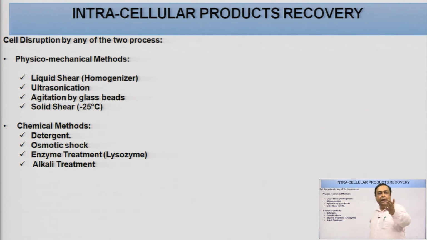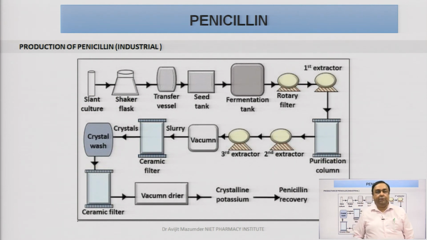We can take the help of ultrasonication. We can take the help of breaking with glass beads. We can take the help of solid shear, where we take minus 25 degrees. So, by physical processes we are breaking the cell wall, or sometimes we take the help of certain chemicals like detergents, osmotic shock, enzymes and alkali treatment.